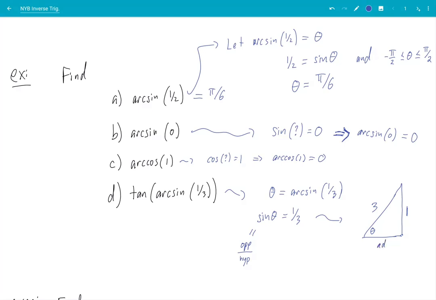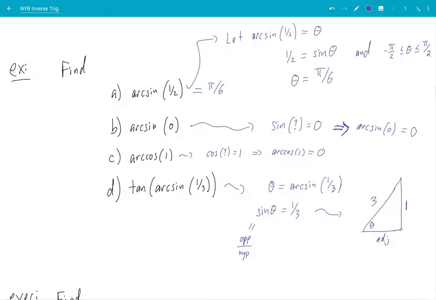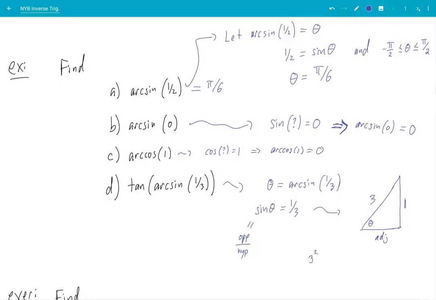And my adjacent can be found using Pythagoras. So Pythagoras says, let's do this more carefully. 3 squared is equal to 1 squared plus the adjacent squared. So solving this, I get the adjacent is root of 8, which is 2 root 2.